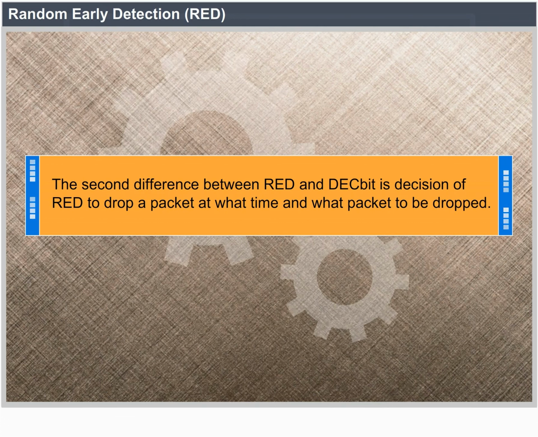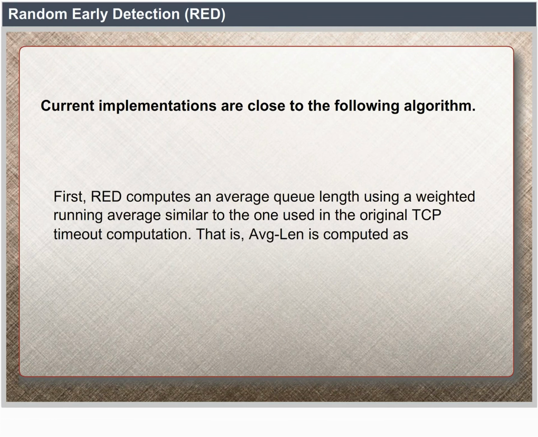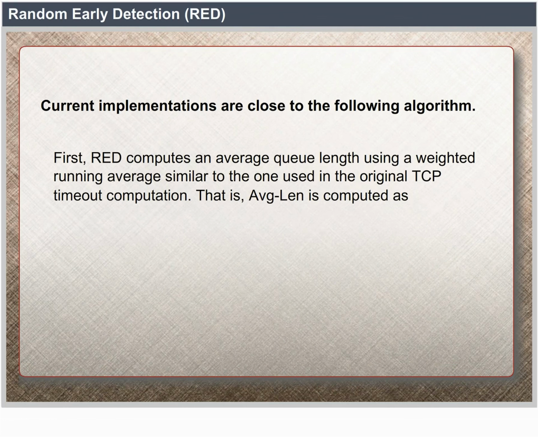The RED algorithm defines the details of how to monitor the queue length and when to drop a packet. Current implementations are close to the algorithm that follows. First, RED computes an average queue length using a weighted running average similar to the one used in the original TCP timeout computation.